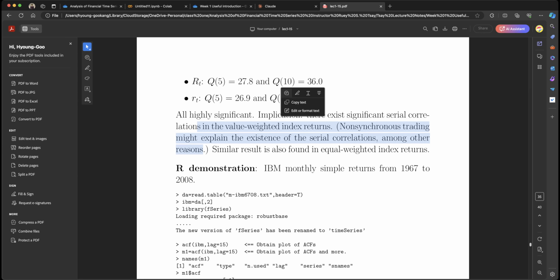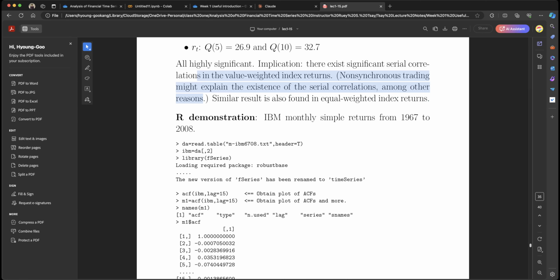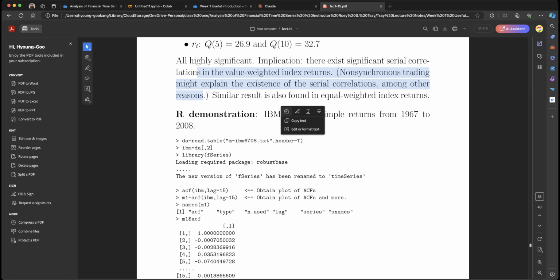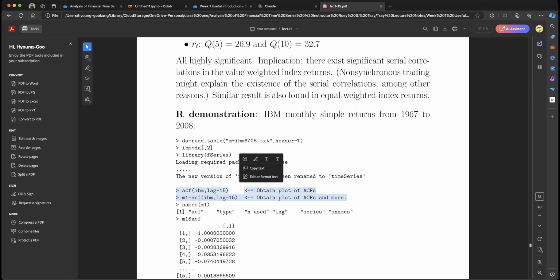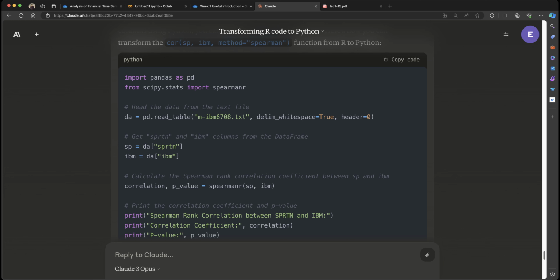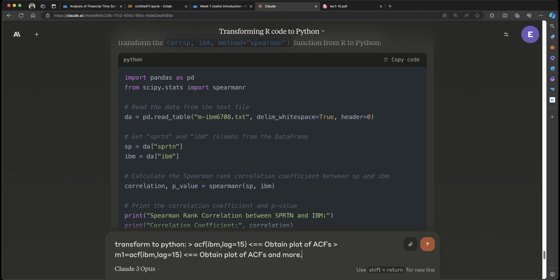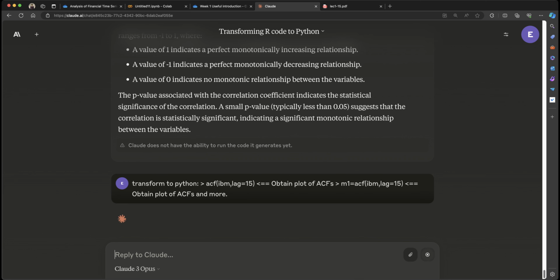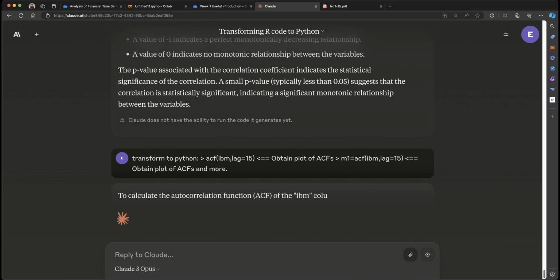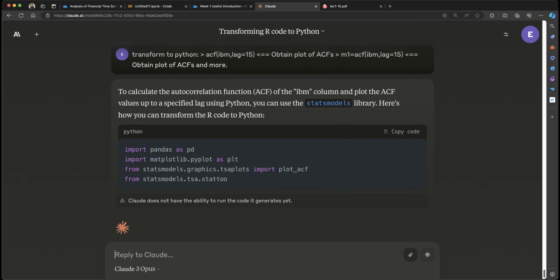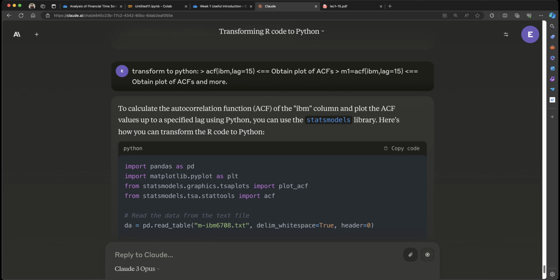Now the demonstration. Again, the same data and autocorrelation function. To calculate the autocorrelation function of the IBM column, plot ACF.